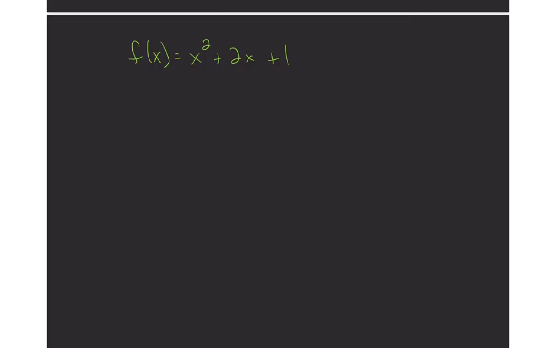To find out if it's either even, odd, or neither, what are you going to do? F of negative x. And you guys need to tell me. Come up with an answer. Let me know, we'll take a vote. Is it even? Is it odd? Or is it neither?